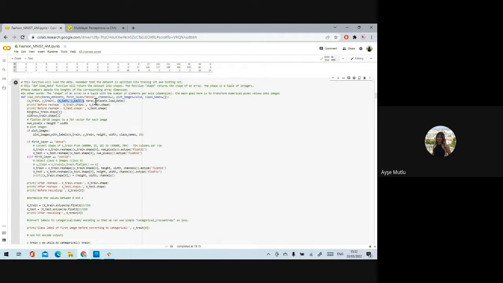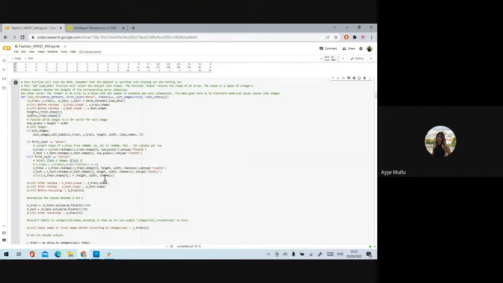The first thing is we are printing the shapes, and then we get the height and width, which is 28 and 28. If it is a perceptron, we were reading this part of the code, but now we are selecting the convolutional 2D, and we are reading this part of the code.